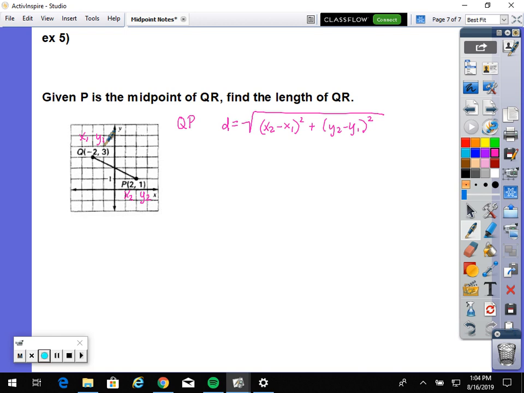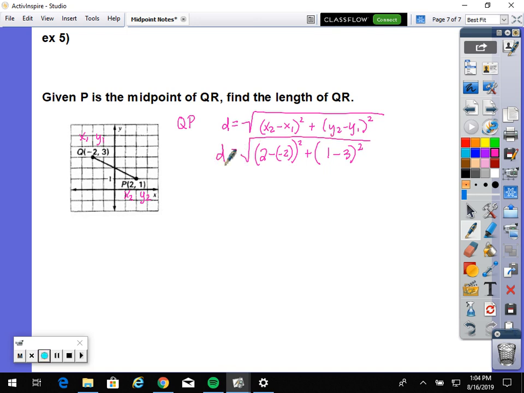So all I'm going to do is plug in my numbers. So my x2 is 2 minus my x1, which is negative 2, squared, plus y2, which is 1, minus my y1, which is 3. And don't forget about the square root, it comes down with it.